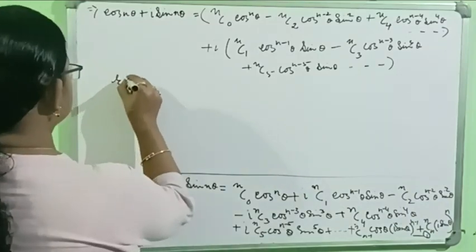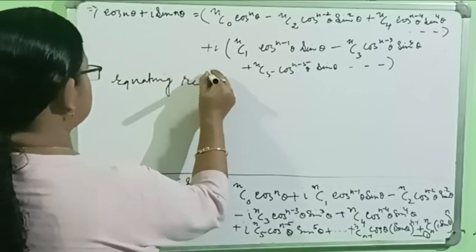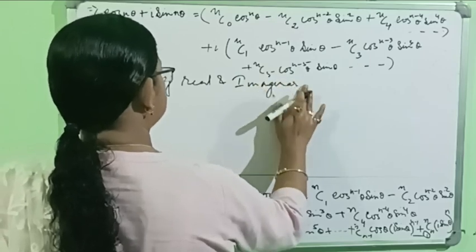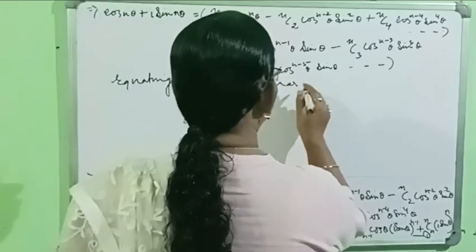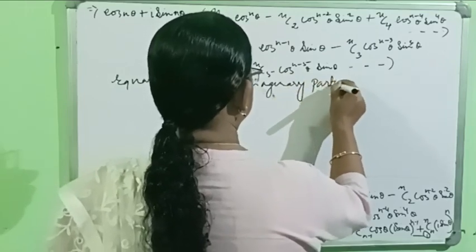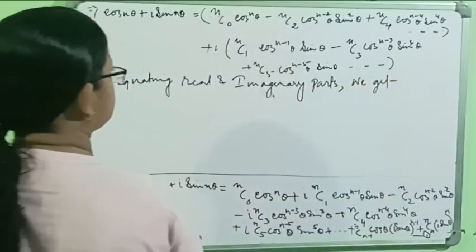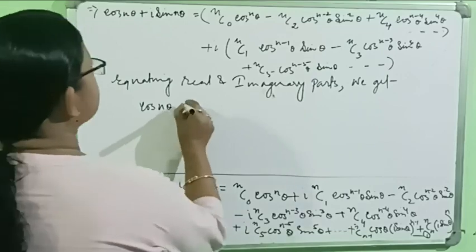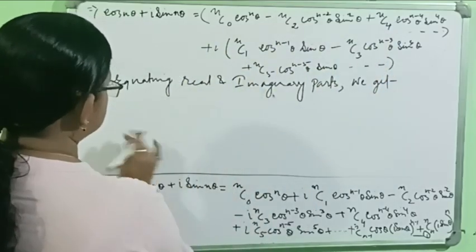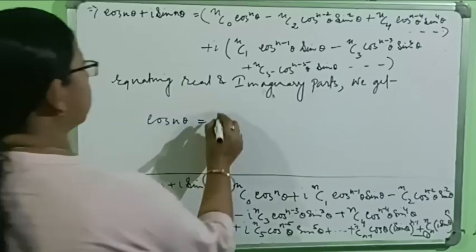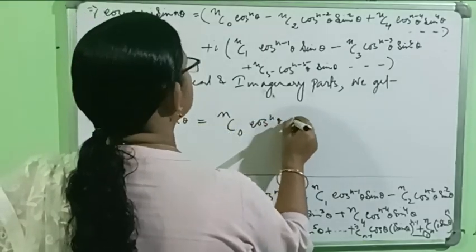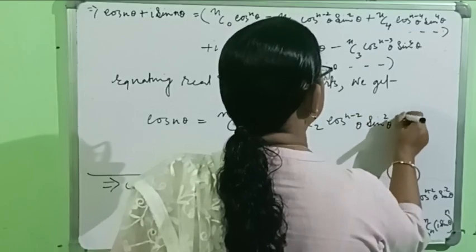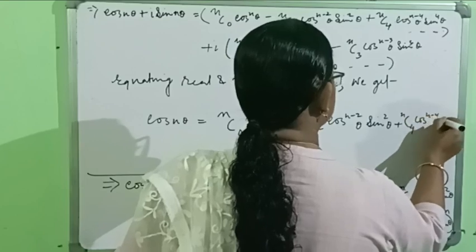Next, equating real and imaginary parts, we get cos n theta is equal to nC0 cos^n theta minus nC2 cos^(n minus 2) theta sin squared theta plus nC4 cos^(n minus 4) theta sin^4 theta.